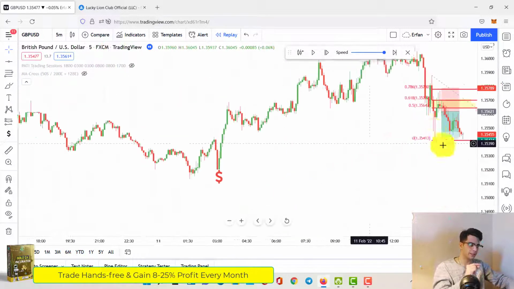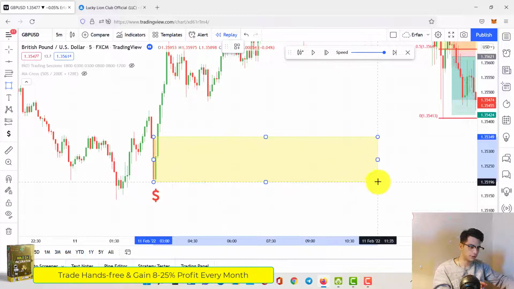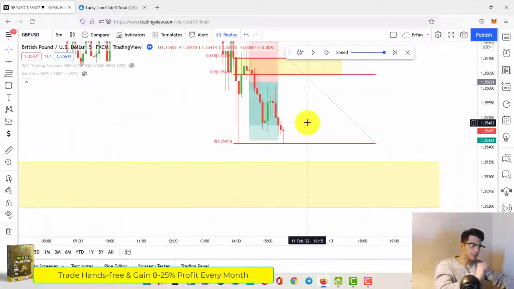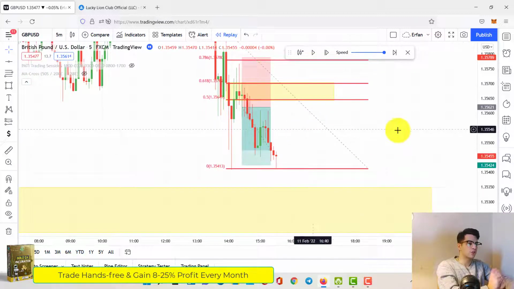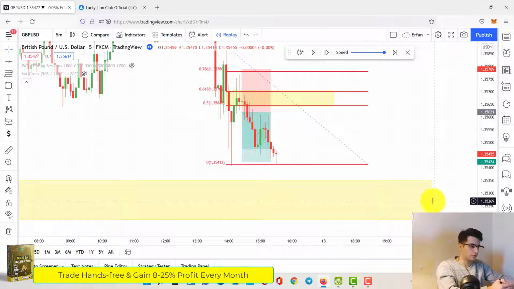I can show you an example here. We have a high probability order block exactly right here. This is a high probability order block. See this? In my opinion, the price is trying its best to tap into this level, and then we have to wait for more confirmation if it wants to reverse towards upside.